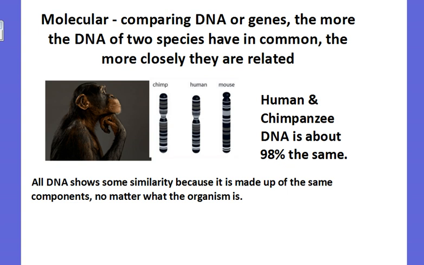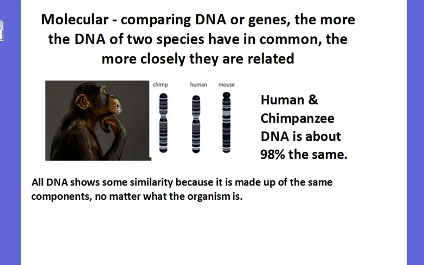DNA, so molecular homology, is if we're comparing DNA or genes, the more DNA two species have in common, the more closely they're related. And there are a lot of these DNA kits you can send out to see your DNA makeup, to see what parts of the world you come from, and your ancestors, your more recent ancestors, grandparents, great-grandparents, great-great-grandparents.